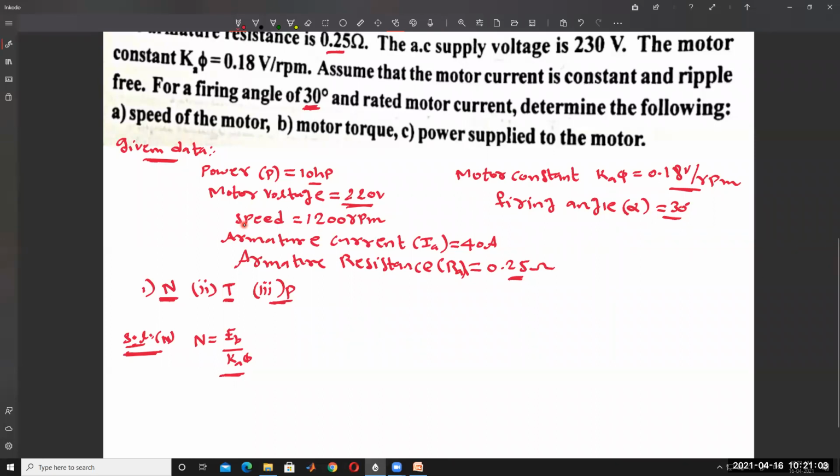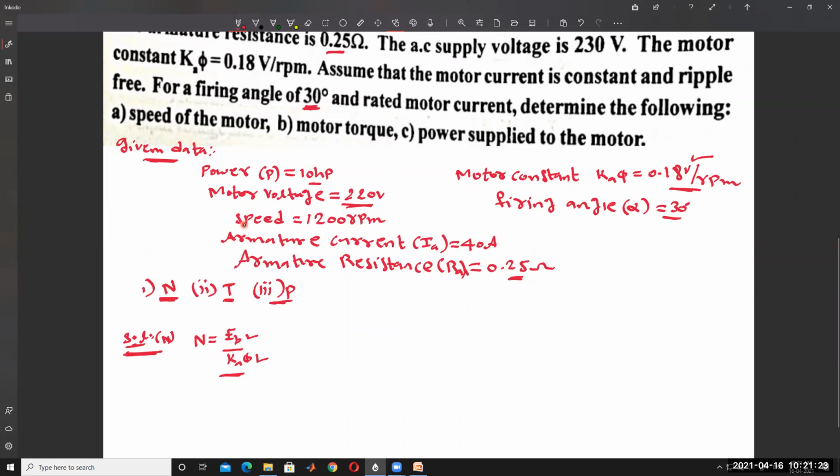Here K into phi is known, that is the motor constant, and the unknown is Eb. So how to find Eb?